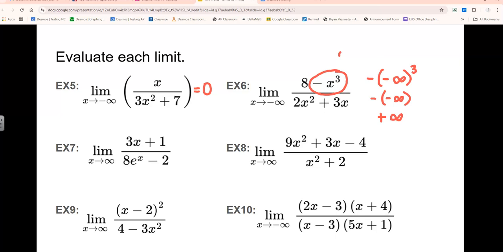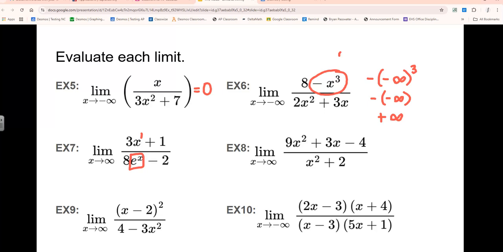Okay, 7's a little tricky. What do you guys think about 7? The question here becomes, what's the highest degree? Because here I just have x to the first power. Here I've got e to the x, which is not x to a power. It's not x to the third or x to the fourth or anything like that.